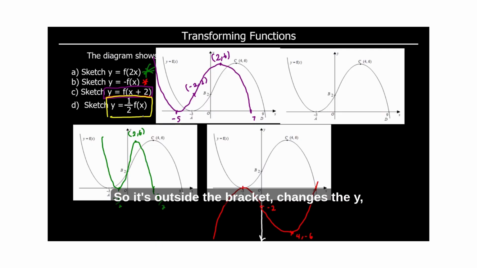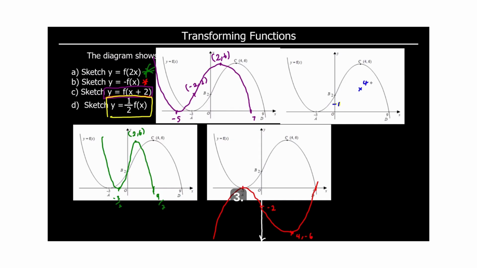So it's outside the bracket, changes the y, and it's halving all of the y coordinates. So 2 is going to be at 1. 4, 6 is going to be 4, 3, halving the y coordinate.